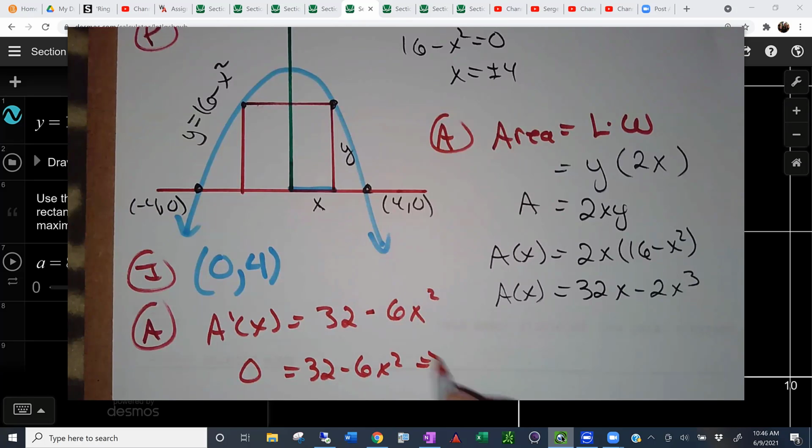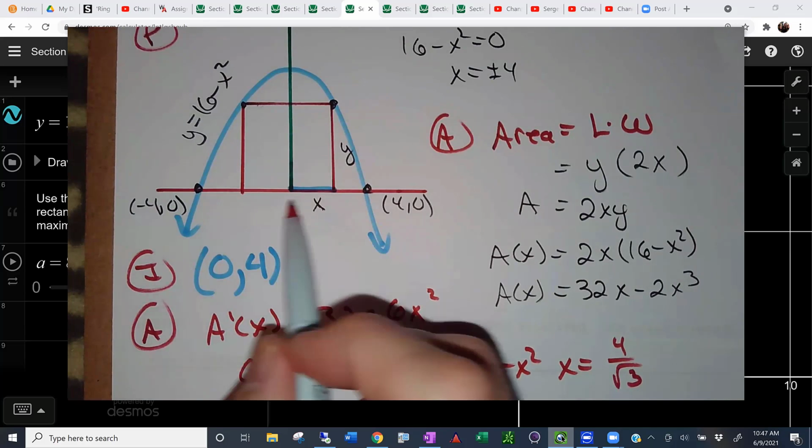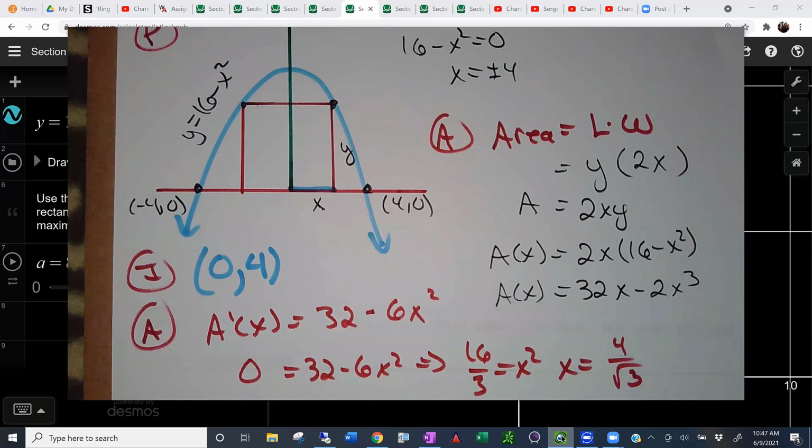We're going to end up with 32 over 6, which is the same as 16 over 3, equals x squared. So x equals the square root of this, which I'll write as square root of 4 over the square root of 3. Now, technically, there's a plus and minus there, but the way I've defined this, x is going to be a positive number.